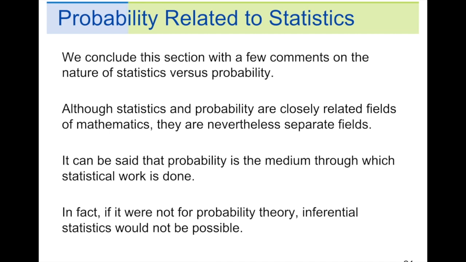It can be said that probability is the medium through which statistical work is done. In fact, if it were not for probability theory, inferential statistics would not be possible. So we use probability theory in order to make inferences, to say things about statistics. So we need probability theory in order to make sense of stats.